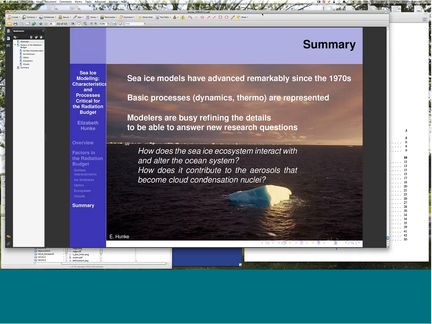That's a very good question. The horizontal scale of the model mainly comes in through the dynamical aspects of the model. The thermodynamics is all vertical. And so we do have to make some assumptions in the thermodynamics about the heterogeneity or homogeneity of the grid cell.